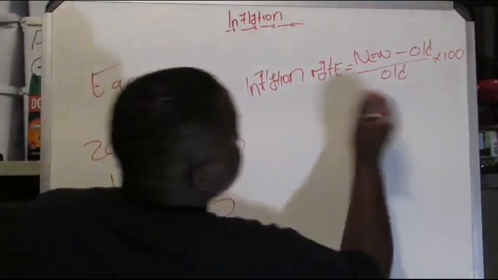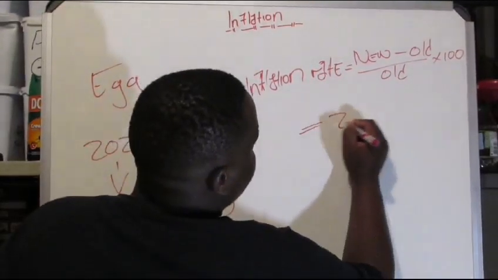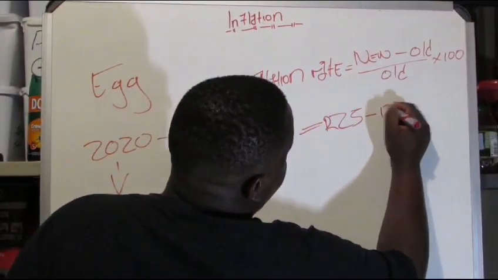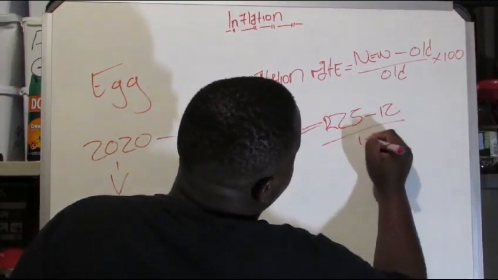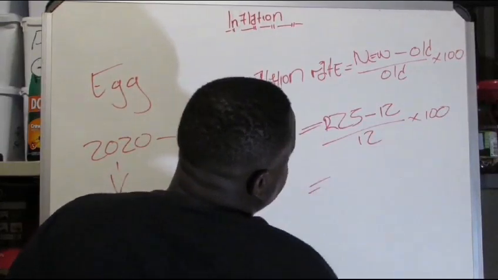So with the new price we're sitting at 25 rand minus 12 rand, over 12 rand, times 100, and then equals.